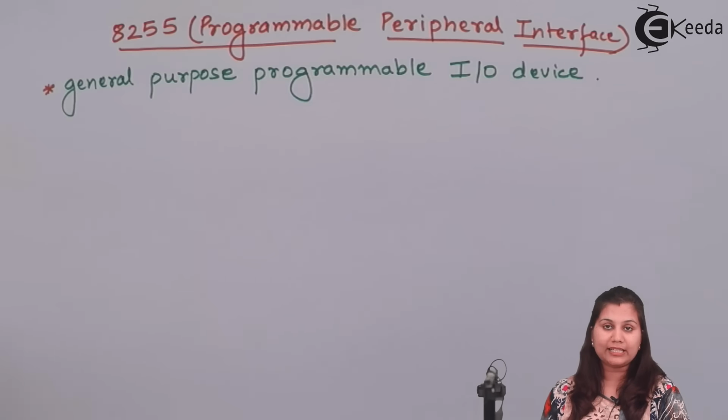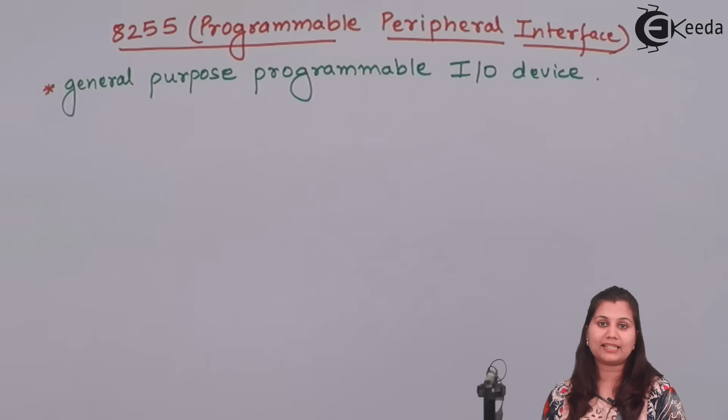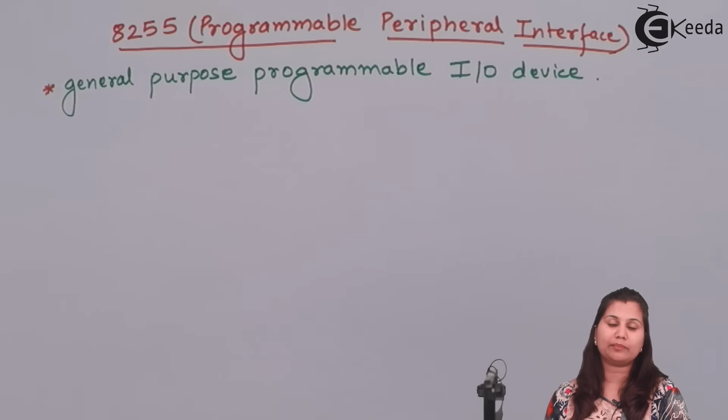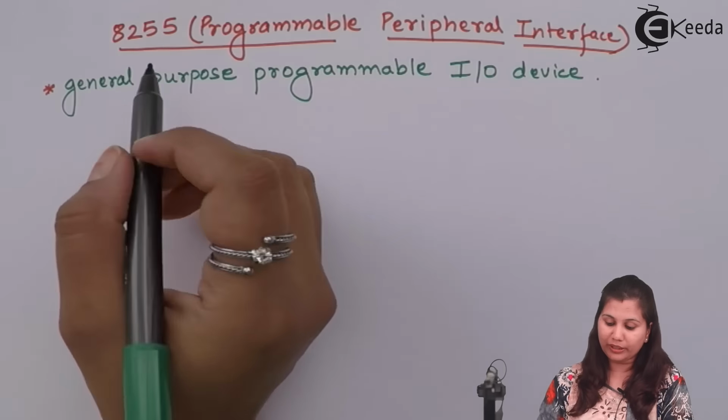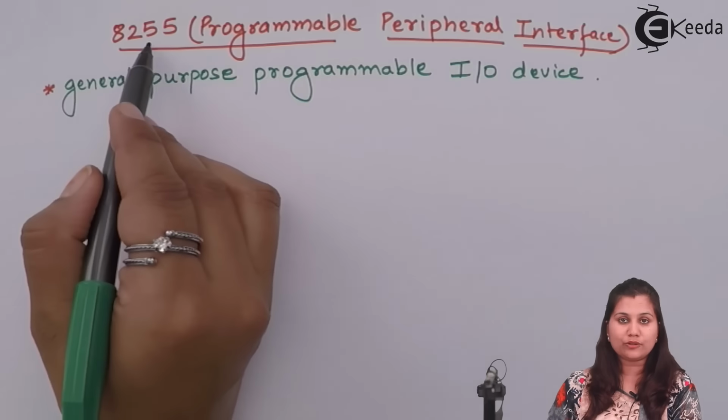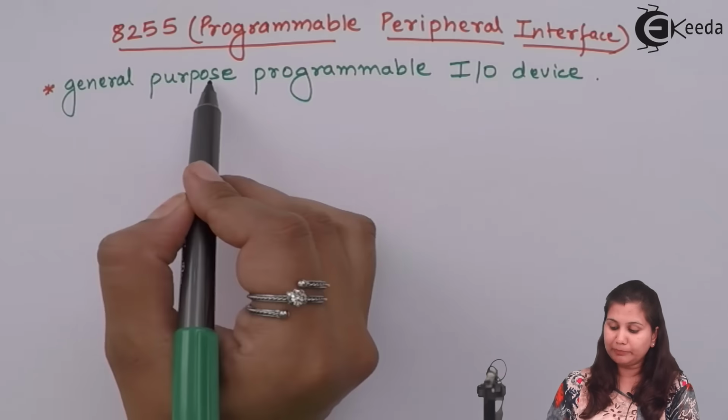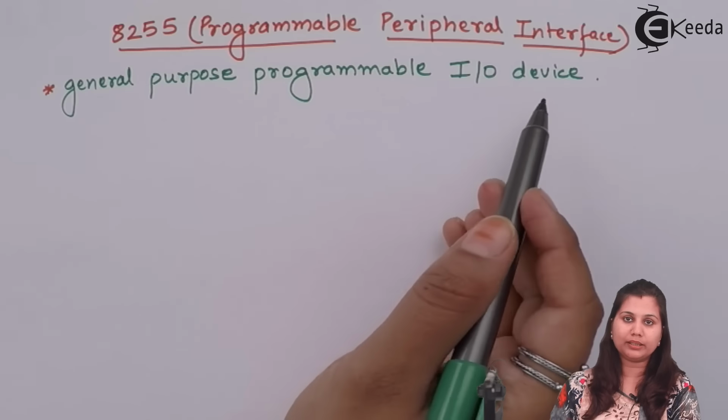Okay, so this 8255, it is a programmable device which is a programmable input output device, and this device can act as an interface between the microprocessors and the other devices. Okay, so if we say this 8255, it is a general purpose programmable input output device.